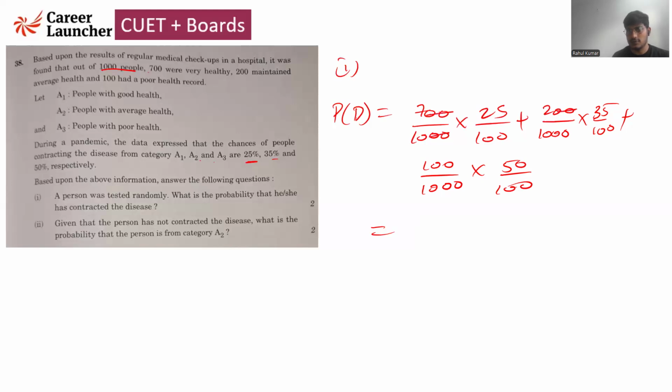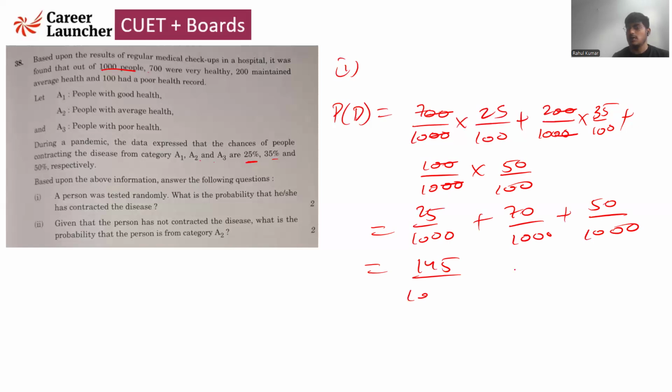So let's simplify this. Two zeros will get cancelled out, and you will have 25 by 1000 plus 70 by 1000 plus 50 by 1000. Don't try to simplify this thing, just try to get the answer. So 145 by 1000, and 0.145 is your answer.